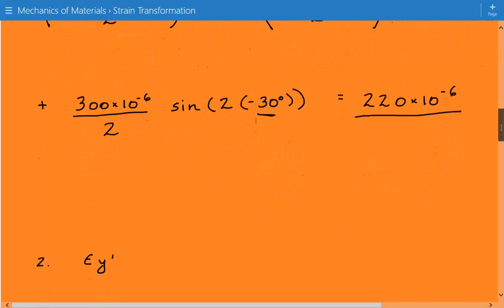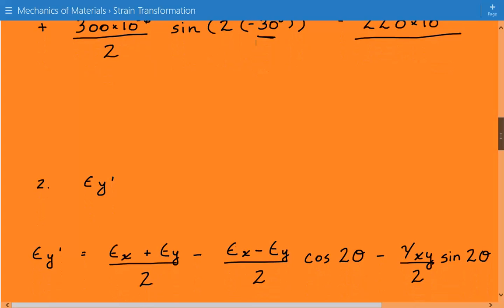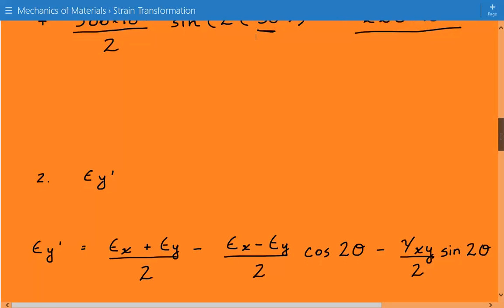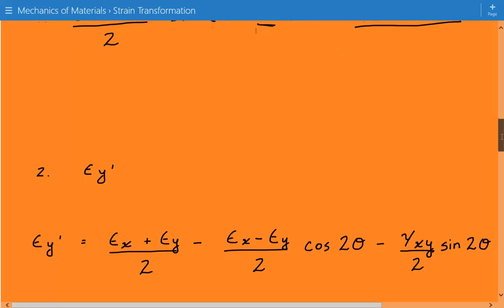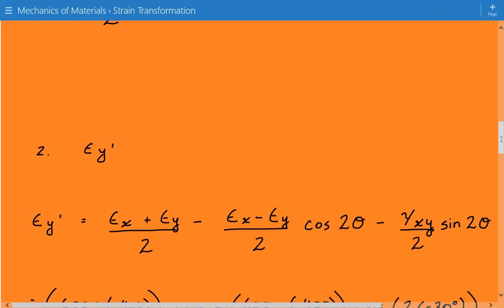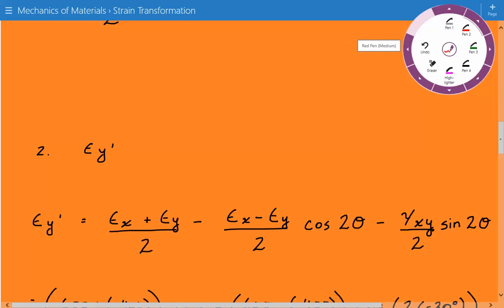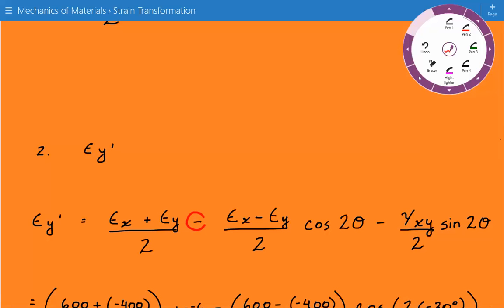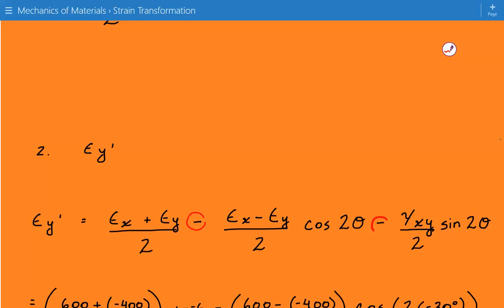Next, we're going to calculate the strain epsilon y prime, the strain in the y direction in the new coordinate system. And the formula looks very similar to the transformed strain in the x direction. The only difference is that instead of having a plus, we just have a negative sign.